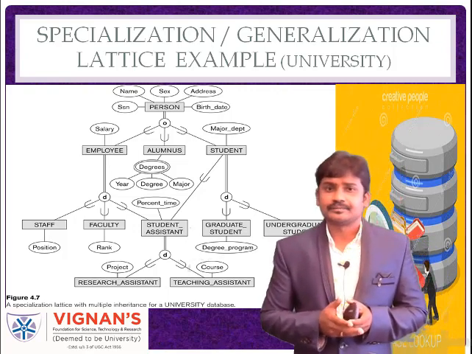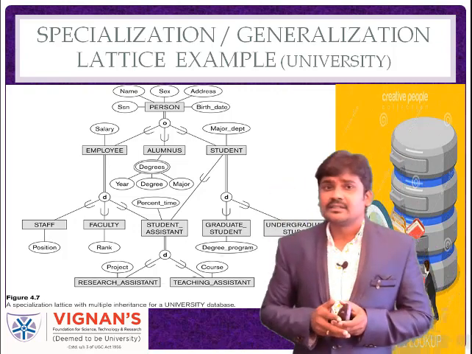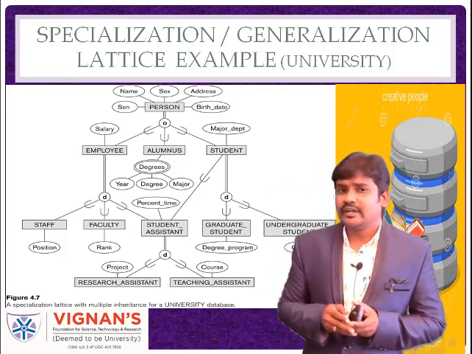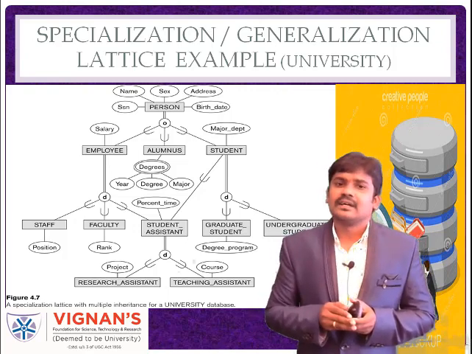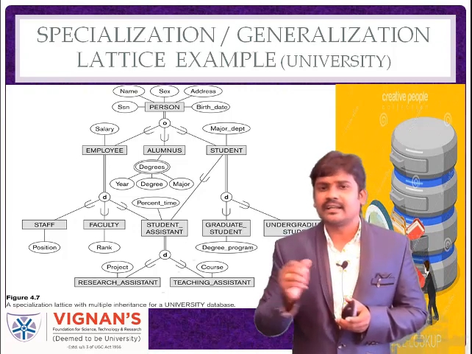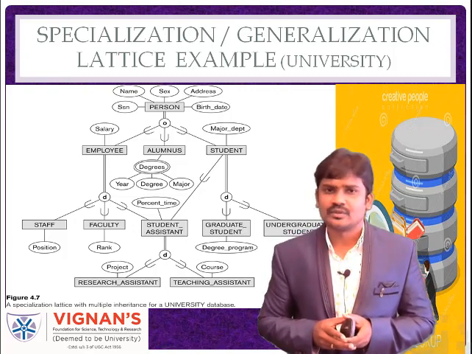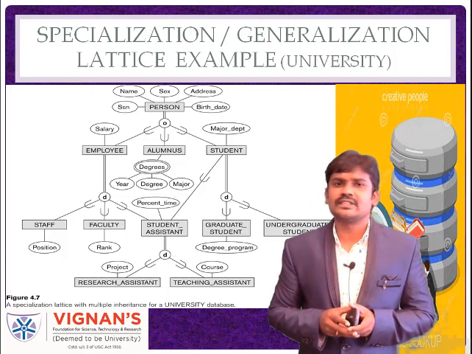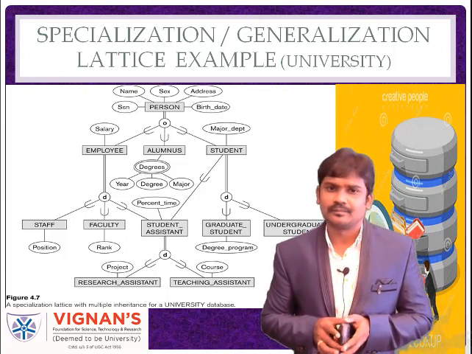Next, the student subclass derives, with disjoint total, two subclasses, graduate student and undergraduate student, with their specific attributes. So this is the specialization, generalization lattice example.